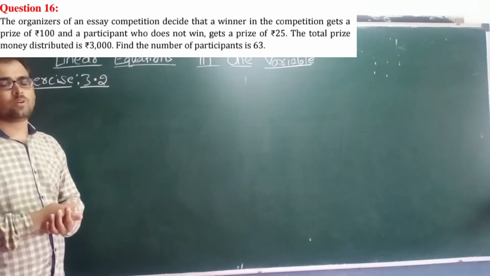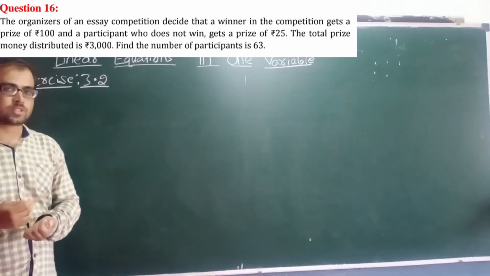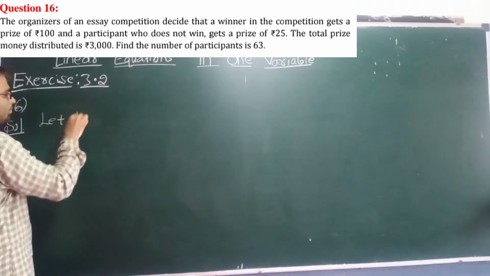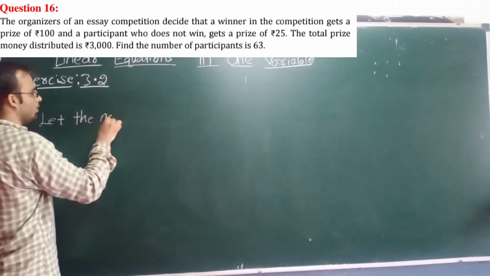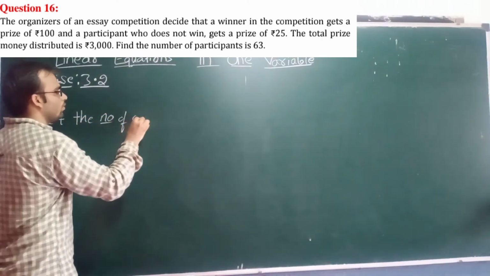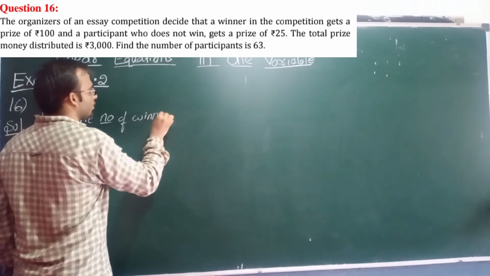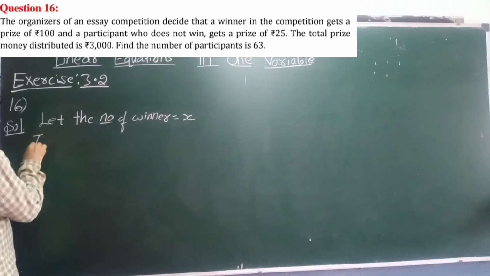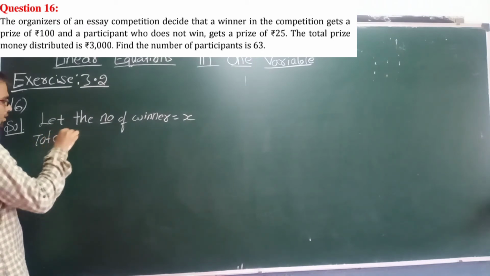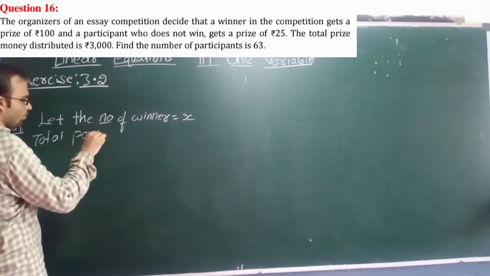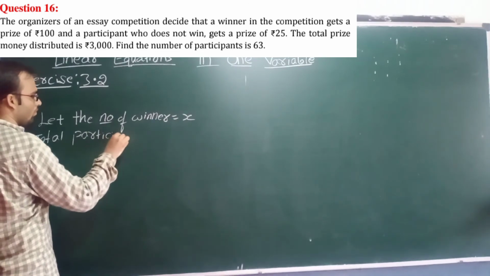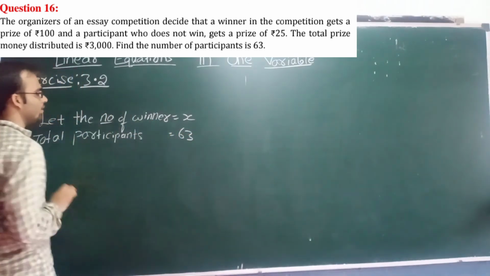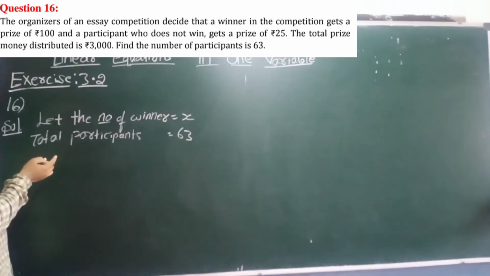Okay, students, now let the number of winners equal x. Total participants equals 63. Next, what we need to find?